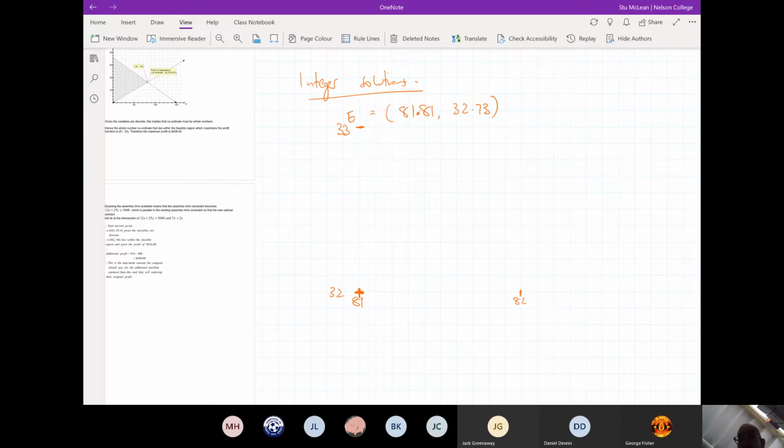So this point 81.81 is about there, and 32.73 is about there. So here's my point. That's the solution I found. And what we want to do is look at all the whole number solutions around that point and see which one of those 4 crosses, and I'll number them.